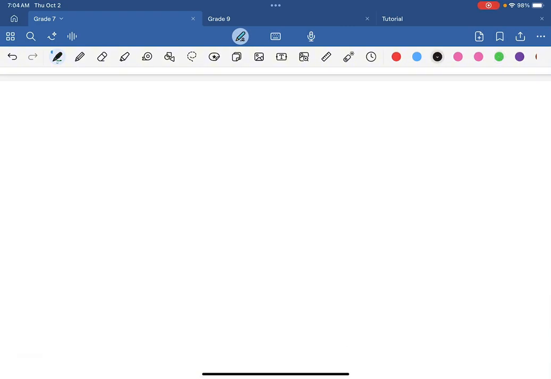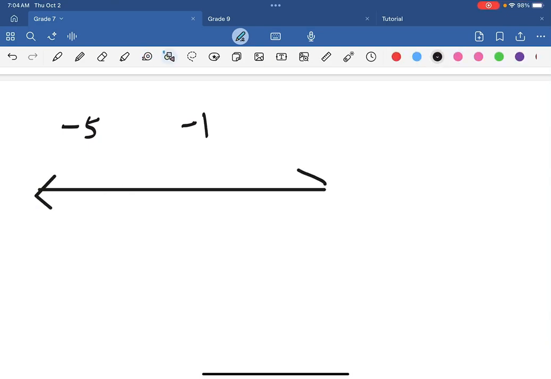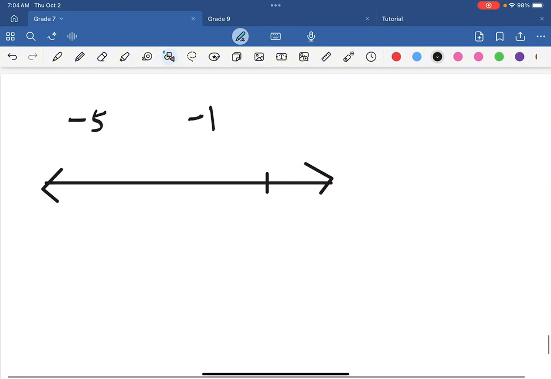Next, we have -5 versus -1. As you can see here, both numbers are negative, but again, let's go back to the number line. Let's have 0 as our last number for now.